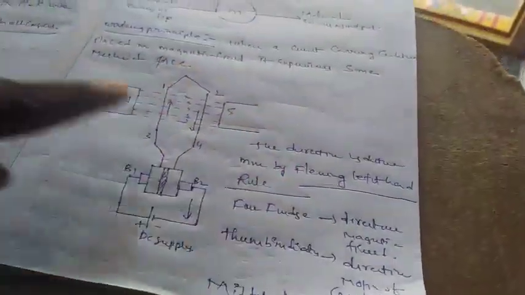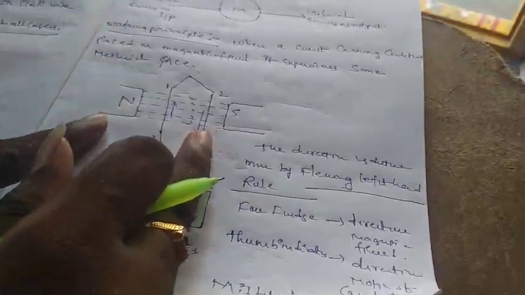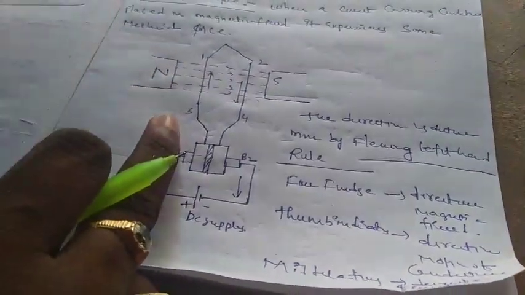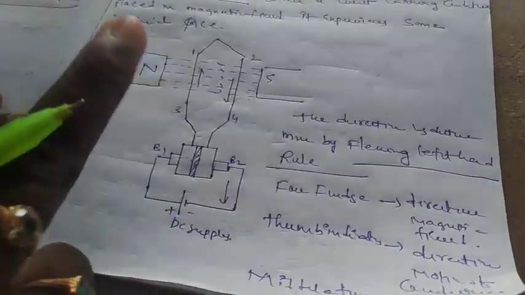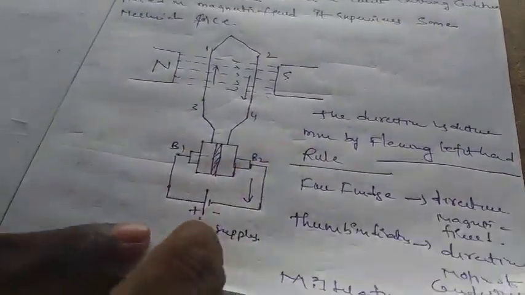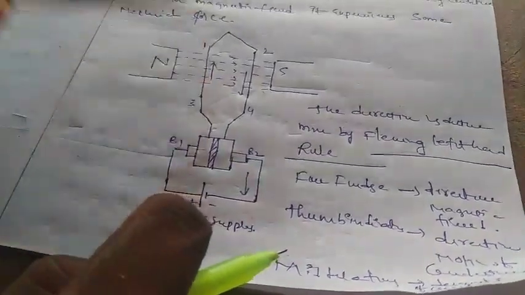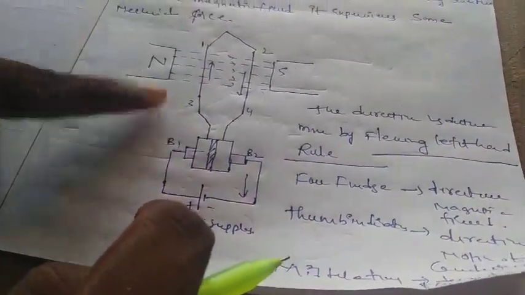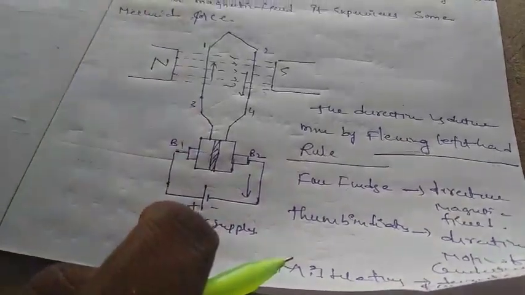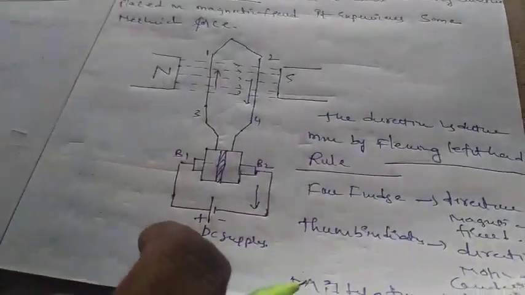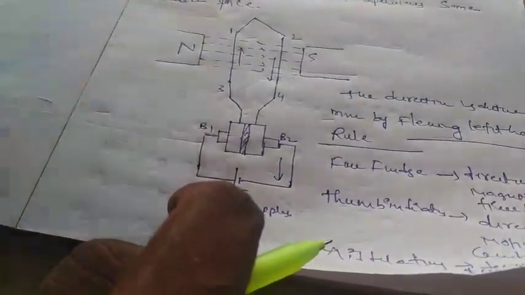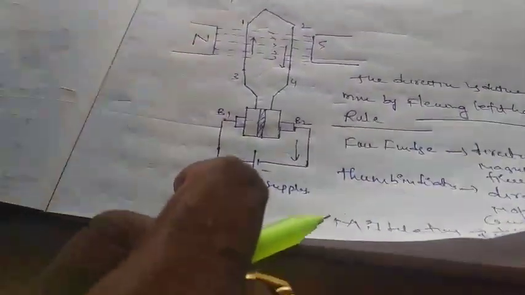You understand? When the supply is given to the conductors, the mechanical force is nothing but rotation, so the conductor is rotated.